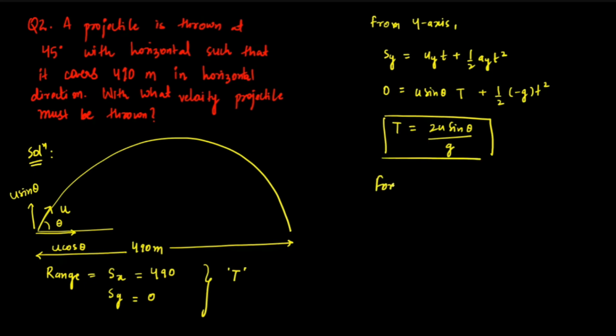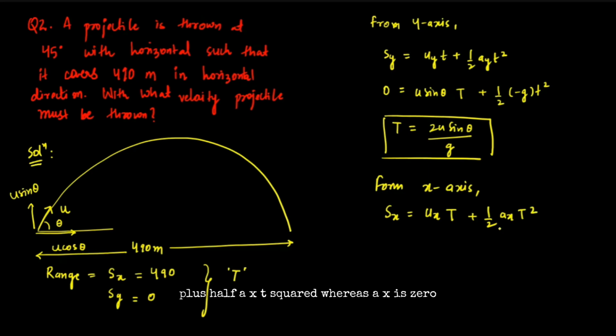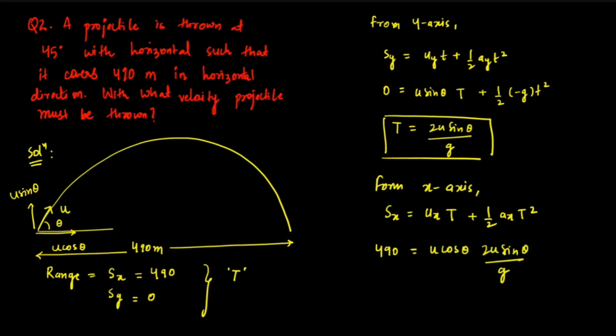we can write Sy is equals to uy t plus half ay t square. For the complete journey, it is going to be 0. Uy is supposed to be u sine theta. Time is something we don't know, so we just took it as t, plus half of negative g t square. So from here, we can get t as 2u sine theta by g.